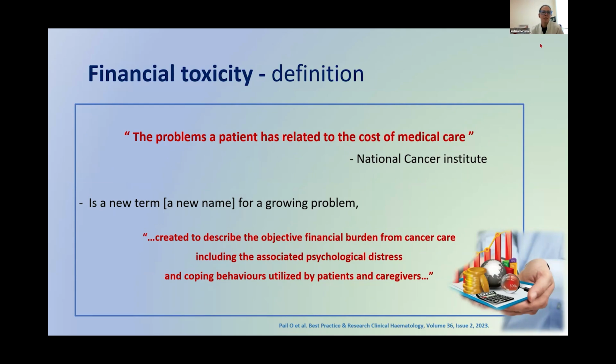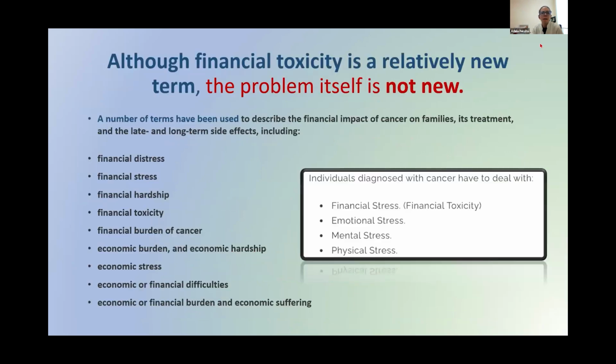And normally it's a new term or a new name for a growing problem. It is created to describe the objective financial burden from cancer care, including the associated psychological distress of the patients and the coping behaviors utilized by those patients and also by the caregivers.